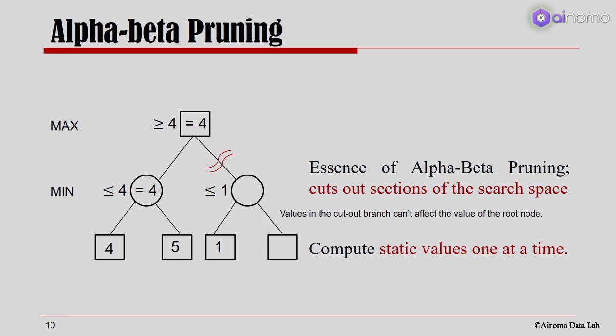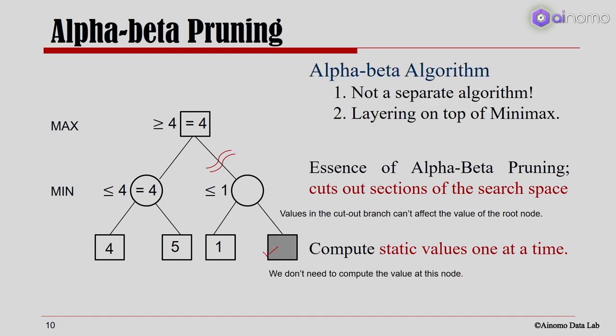So the essence of alpha beta pruning is that the cutout sections of the search space do not affect the value of the root node. And we therefore do not need to compute these values which have been cut out. We need to realize that alpha beta pruning is not a separate algorithm.